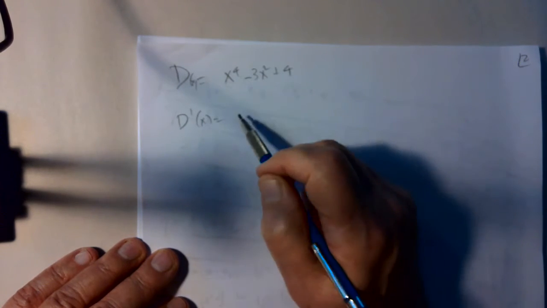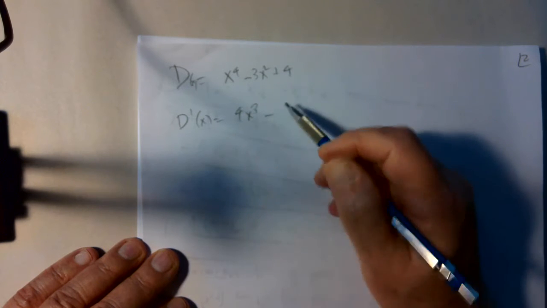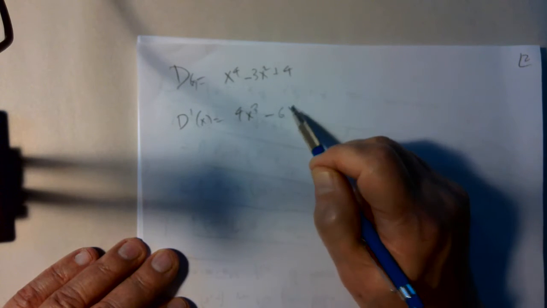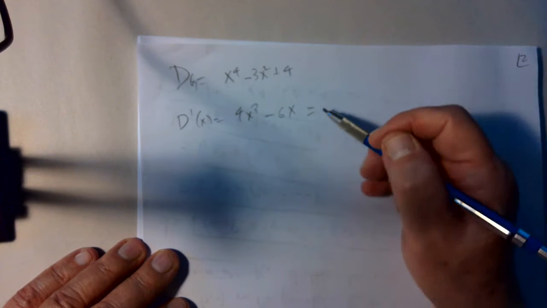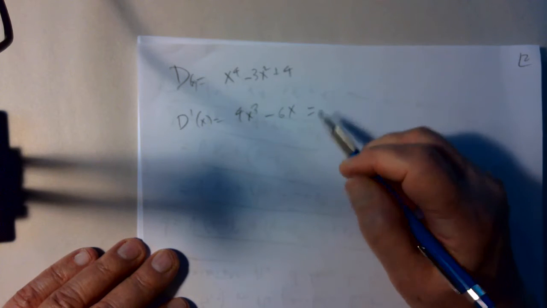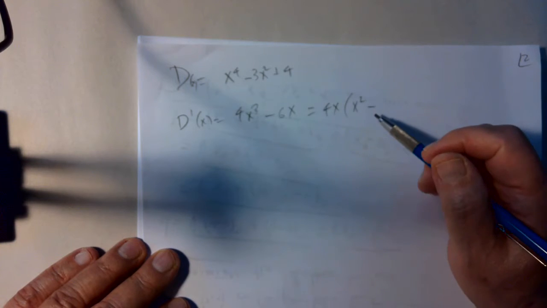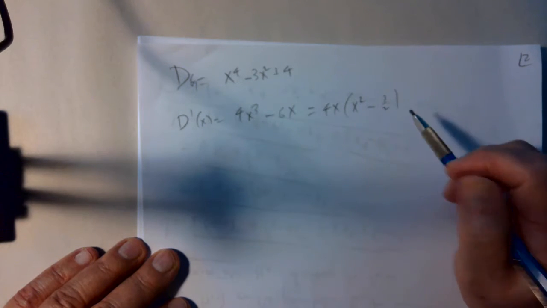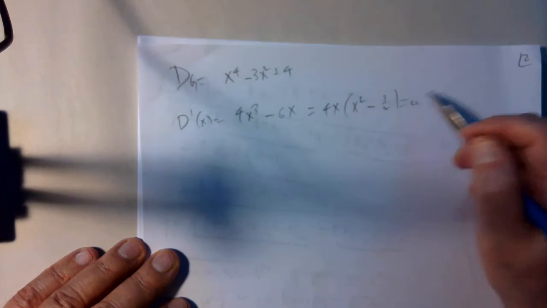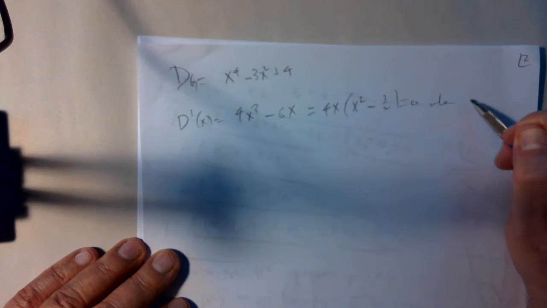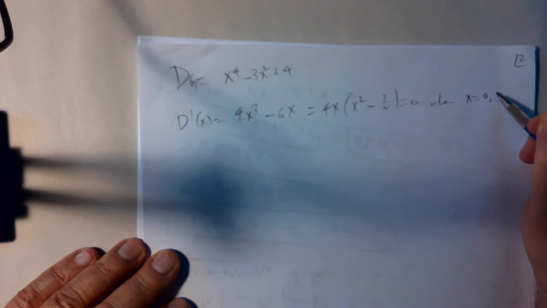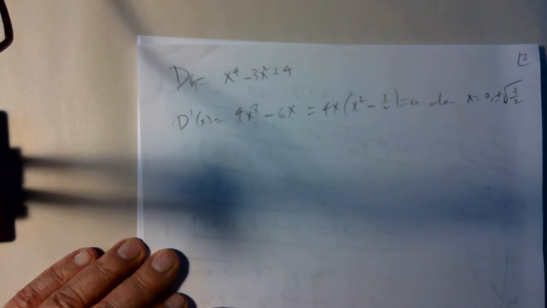So the derivative of this is 4x cubed minus 6x. Let's see. If I factor out a 4x, I get x squared minus 3/2. And that equals 0 when x is either 0 or plus or minus the square root of 3/2.